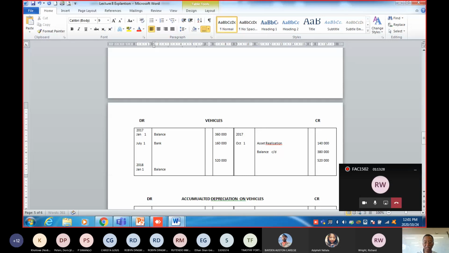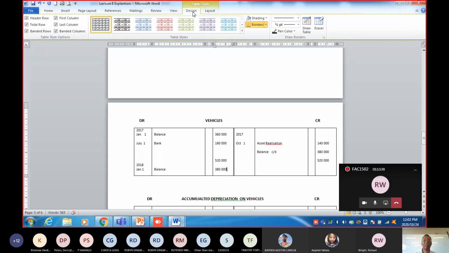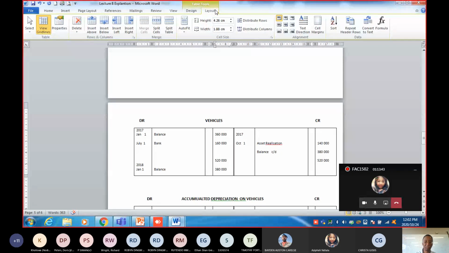And the balance in your vehicle account is therefore 380,000 Rand. All good on that? That's the vehicle account.